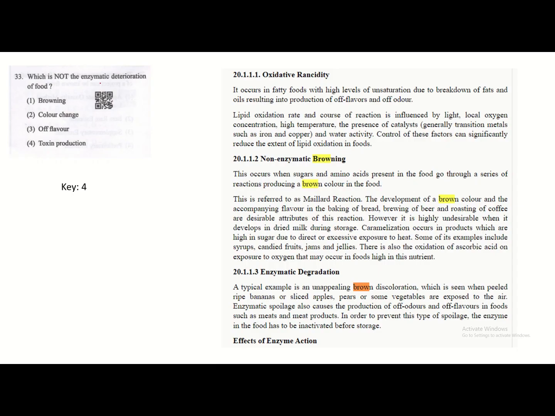Next one is which is not an enzymatic deterioration. There are two types of deterioration, one is non-enzymatic and the other is enzymatic. Enzymatic means, suppose there is an apple, and we cut the apple and expose it to air for some time. Then the color will change, but the taste will not change. Such type of question is asked.